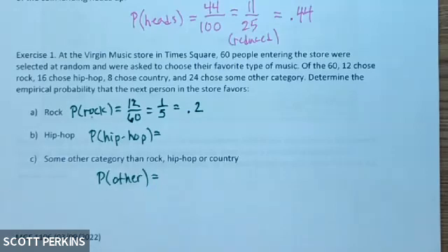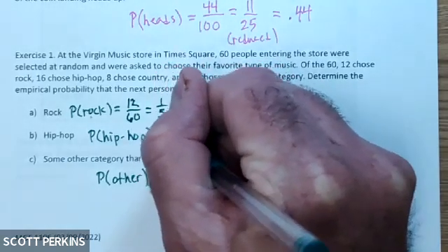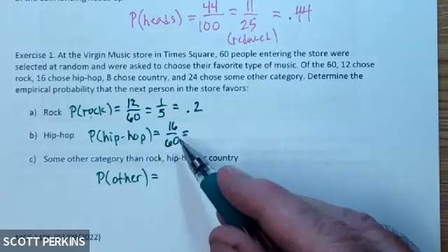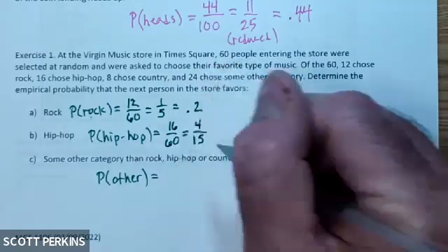So for the next one, hip hop, what's the numerator? What's the number of successes for this one? 16 out of 60, perfect. 4 goes into both of those if you chose to reduce. 4 goes into 16 4 times, 4 goes into 60 15 times.